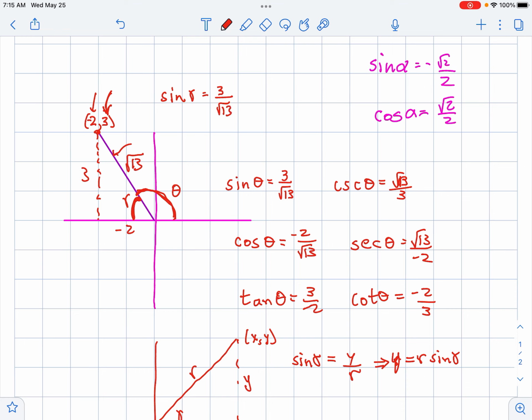Now notice that 3 is equal to the square root of 13 times sine of gamma, which is r times sine of gamma. See, it works out, and that's what y is. 3 is y. So you see, yeah, we've got the case that y is equal to r sine gamma.